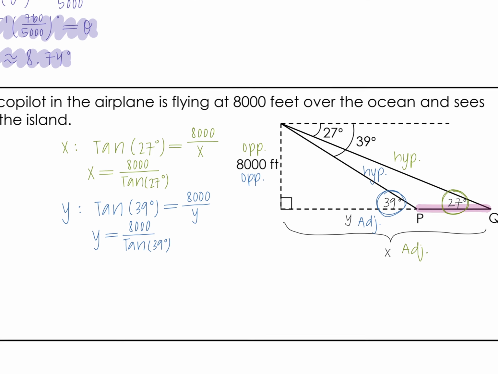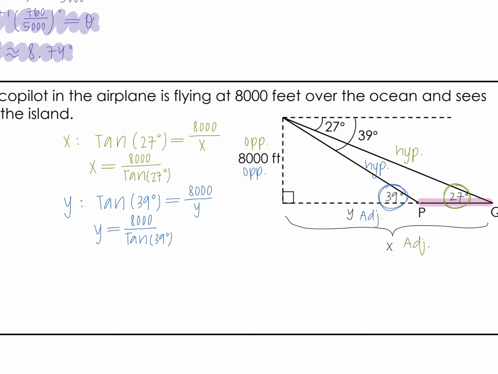And now that I have those two lengths, I can subtract them to find my PQ. For PQ, we need to start with the largest one, my X. So that's going to be 8,000 divided by tangent of 27 degrees, minus my Y, which is 8,000 divided by tangent of 39 degrees.